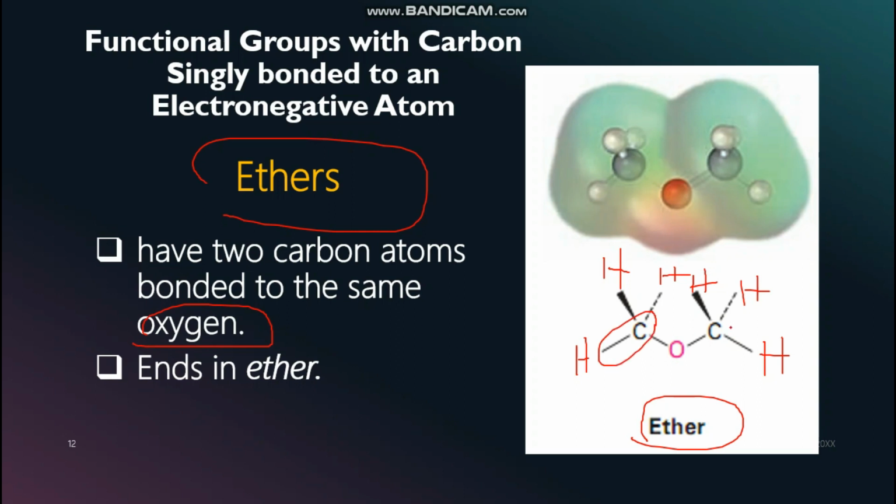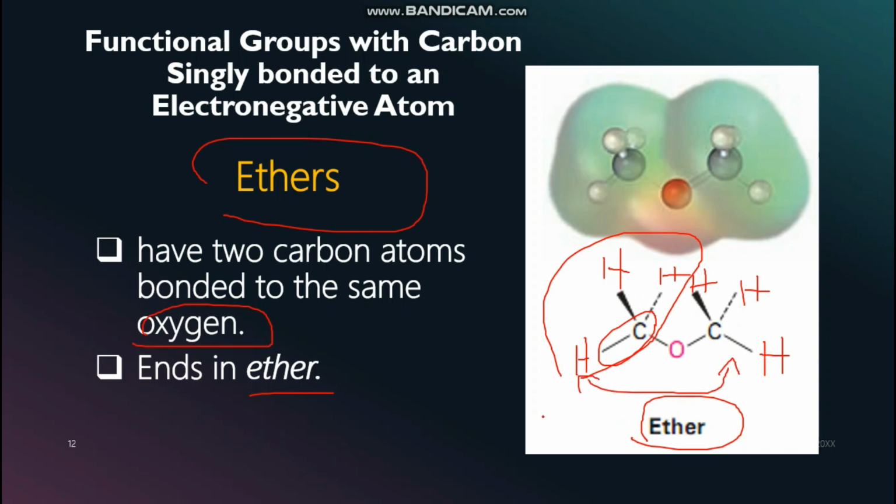So ethers only exist with two carbons and up. And as you can see here, it's a CH3. So CH3 is methyl. So that's an alkyl group, methyl. So this is dimethyl since it has two methyl groups.